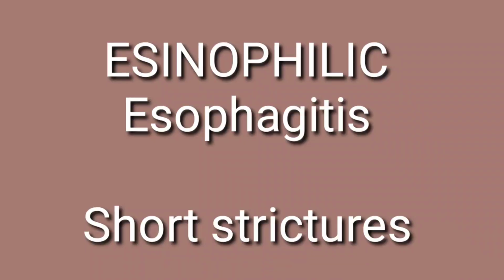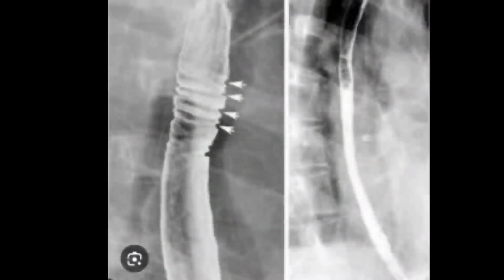In the next inflammatory category, there is eosinophilic esophagitis, and it has its own typical presentation on barium studies, although these strictures happen to be quite short. Here in this image you can appreciate multiple small strictures. This is a very typical pattern for eosinophilic esophagitis.